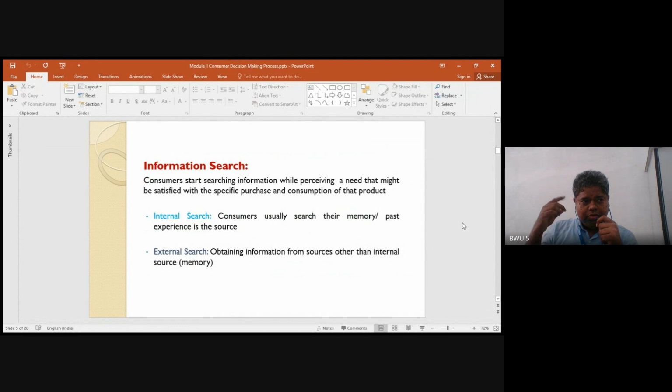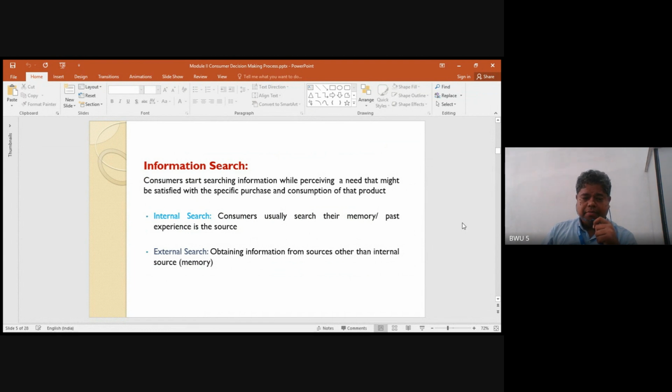So we try to recall whether we have adequate information stored in our memory. If we perceive that yes, we have adequate information, we may go to the next step.